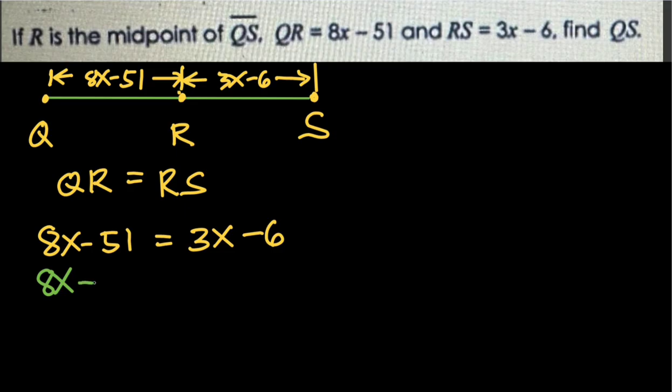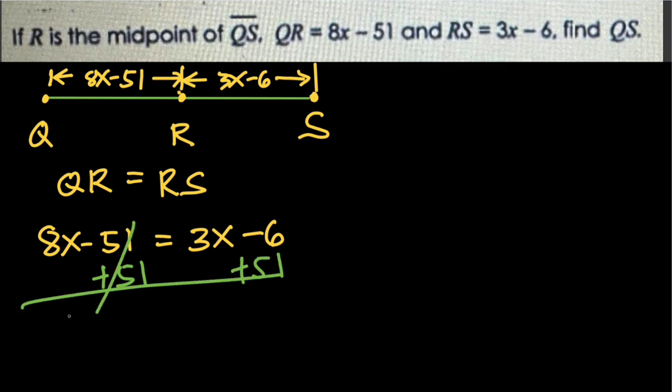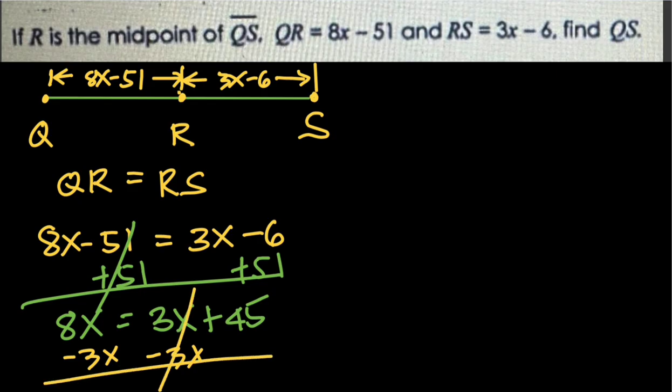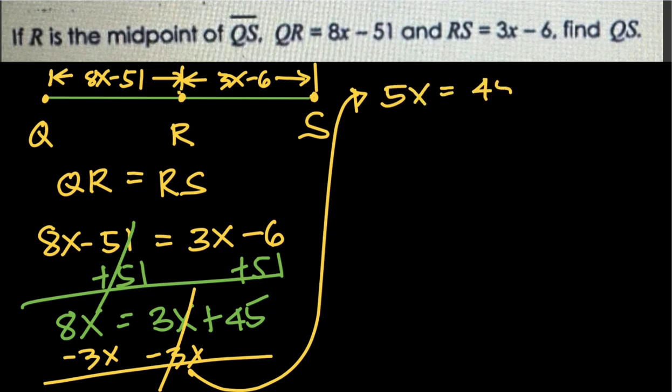We add 51 first, then we have 8x equals 3x minus 6 plus 51, so that is 45. Then we subtract 3x from both sides to get rid of 3x on the right. Then 8x minus 3x is 5x equals 45. We divide both sides by 5, and x is equal to 9.